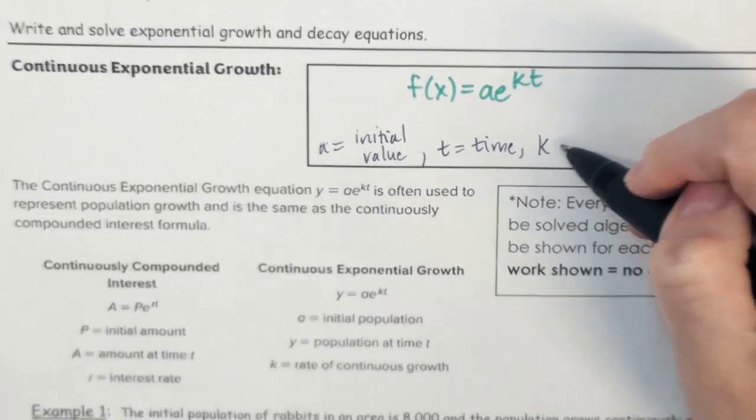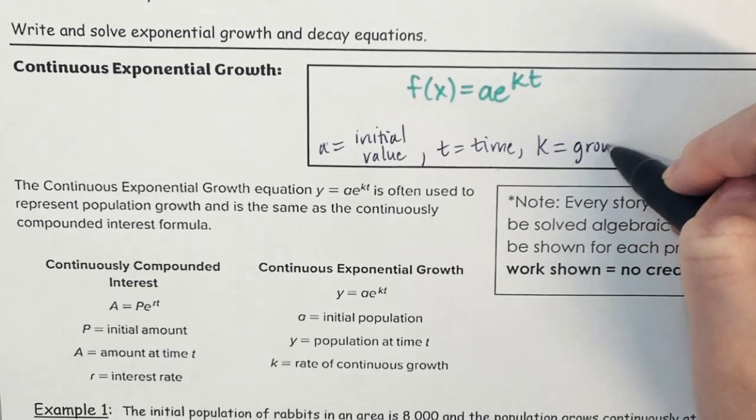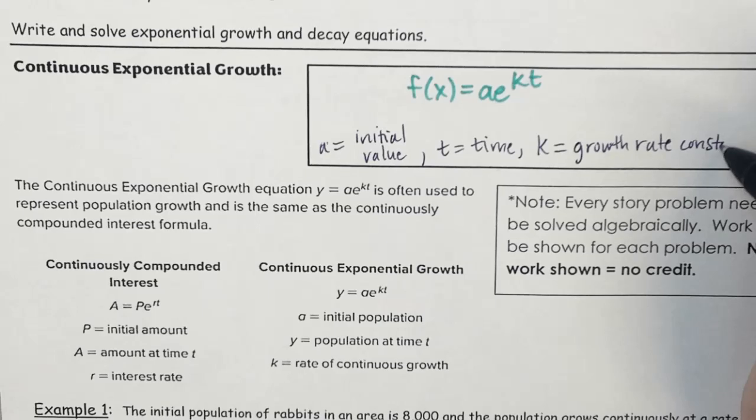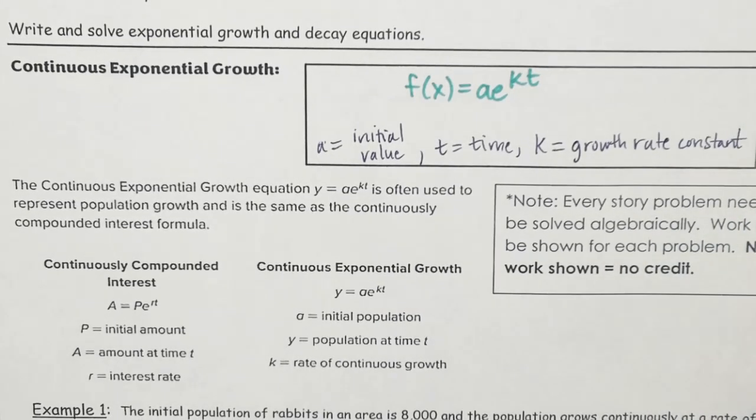And then we call k the growth rate constant. So depending on the situation, there will be a constant that represents the growth rate for that particular situation.